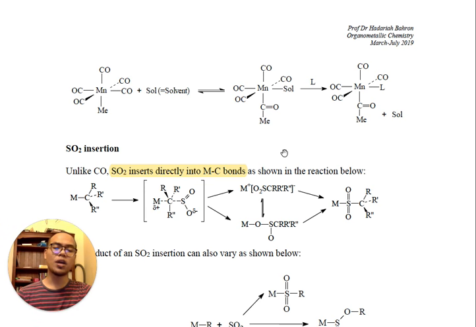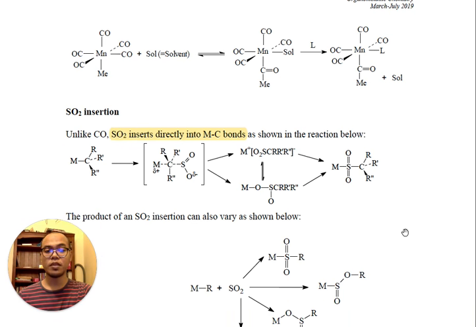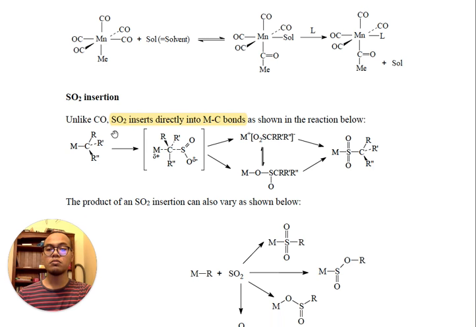So we have gone through carbonylation, adding carbonyl. The second one would be sulfur dioxide insertion. Unlike CO, sulfur dioxide inserts directly into M-C bonds. What does it mean? You see this is the structure of your metal complex, C directly bonded to M, the metal, and then your sulfur dioxide will be directly attached to your carbon.